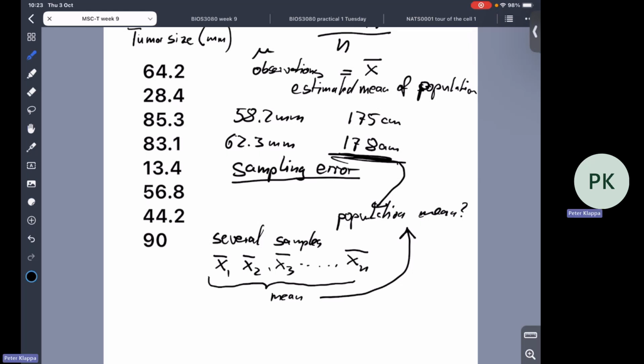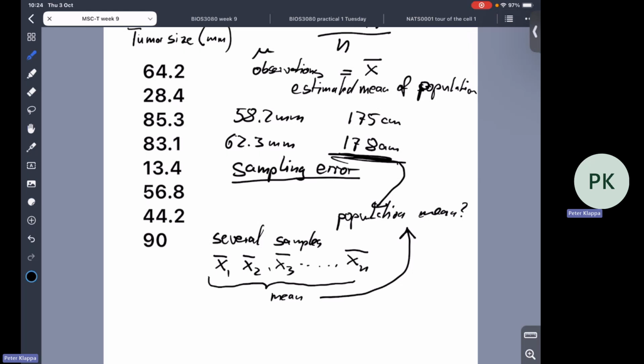Yeah. We can calculate a confidence interval because that is the topic of the session today. What the hell is a confidence interval? Now, we've said it is, for example, 58.2 millimeters diameter of the cancer, or 178 centimeters height of the people. But if I was willing to accept that I probably have an uncertainty in it, I could say it's only a guess.